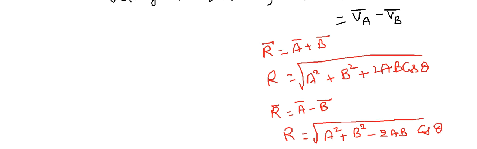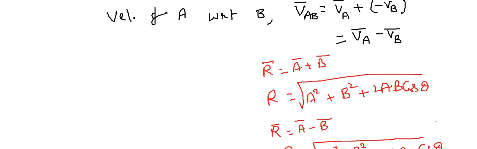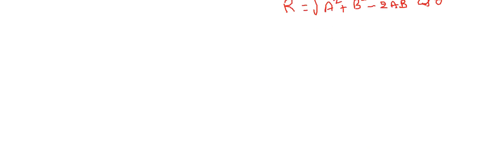So in the present case, our relative velocity of A with respect to B, VAB bar, is VA bar minus VB bar. Therefore, I can write the equation as modulus of VAB bar, which in normal notation is VAB. If I put a bar, it is a vector. If I don't put the bar, it represents magnitude.